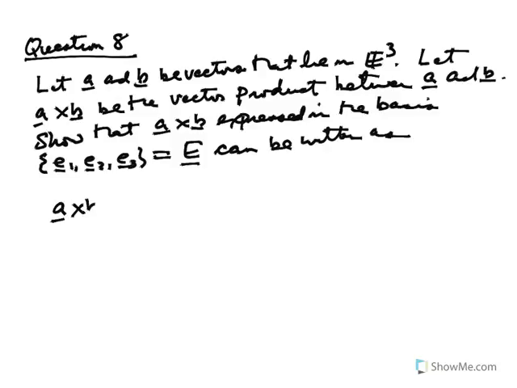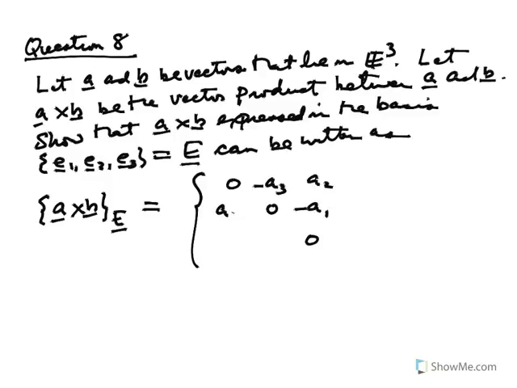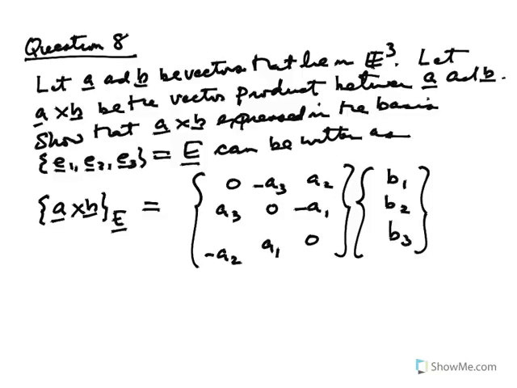A cross B expressed in E is equal to the following matrix times the following column matrix. So let's go through this.